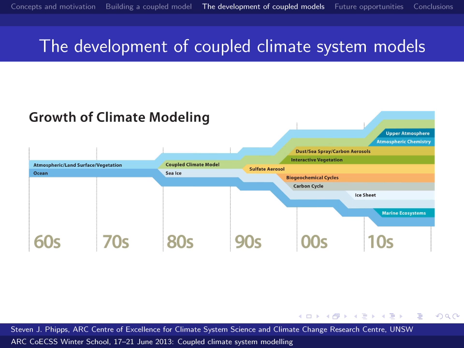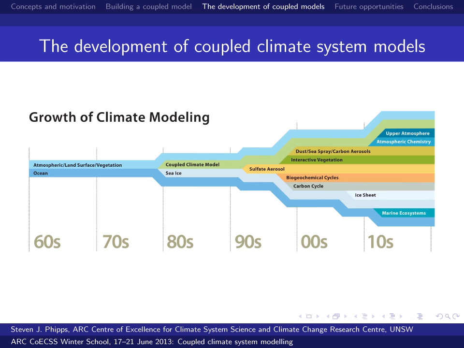Now, one of the great things about preparing talks like this is you always learn things yourself. And I went back yesterday actually to try and find what was the earliest paper, the first paper published using a fully coupled atmosphere, ocean, general circulation model. And anyone want to hazard a guess as to what year that might have been?